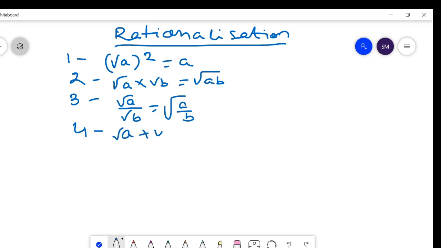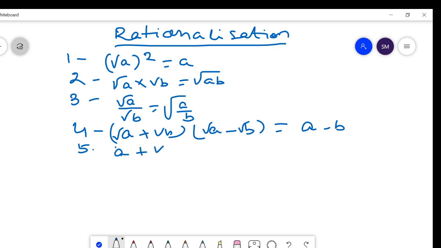Fourth, root a plus root b into root a minus root b is equal to a minus b. Fifth, a plus root b into a minus root b is equal to a square minus b.